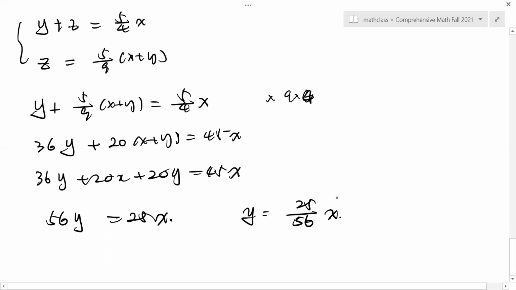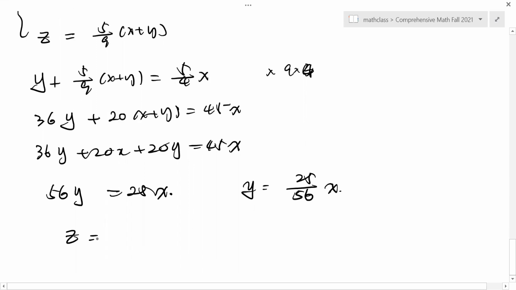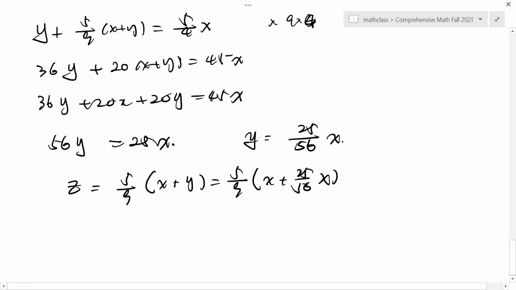Then I put it into this formula, x plus y. It's going to be 5 over 9, and y is 25 over 56 x. So you express everything in terms of x. Now let's simplify a little bit.